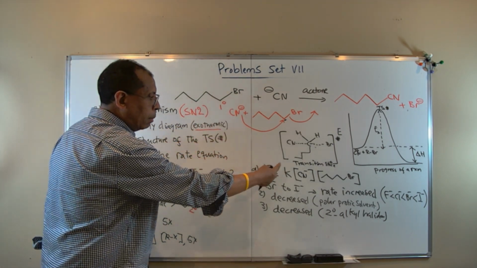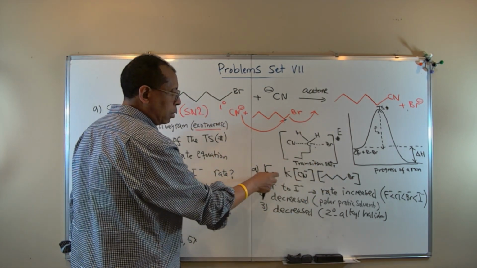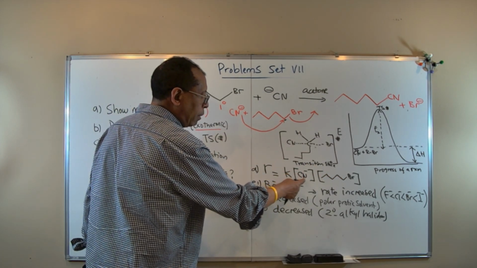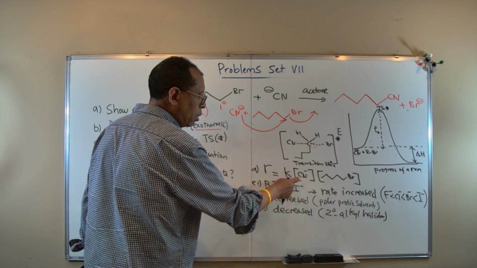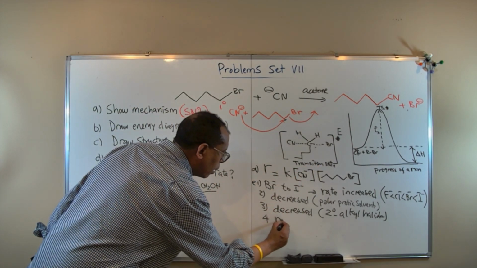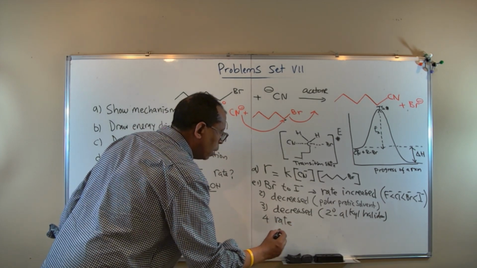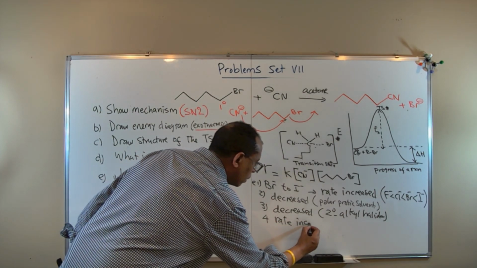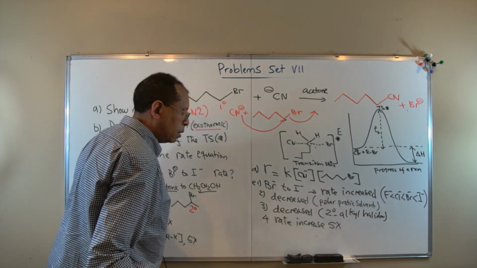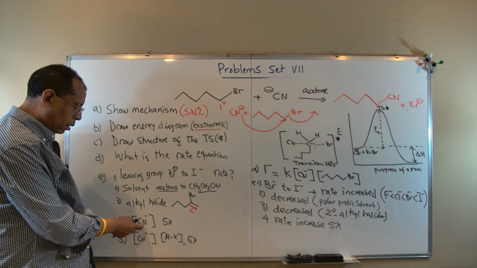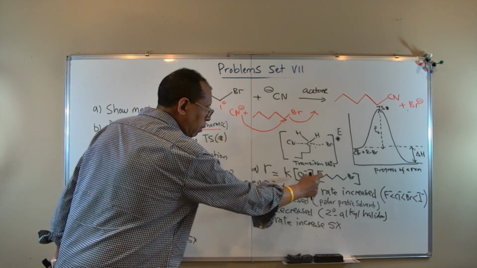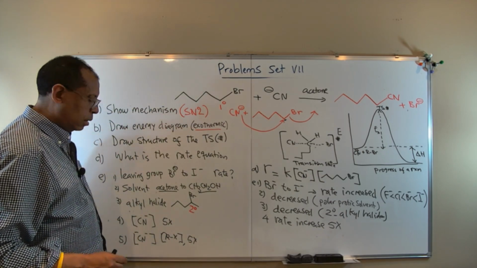If you look at the rate law, if the rate was just this when it was 1 times, and you increase this 5 times, it is multiplication, so the rate increases 5 times. If you increase the cyano group, the rate is affected, because in the rate law you have the concentration of the cyano.